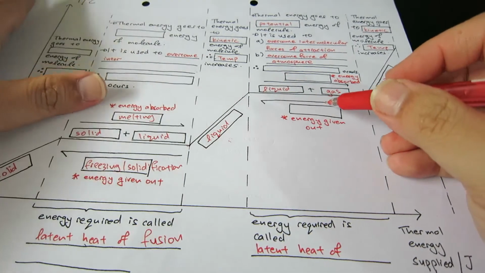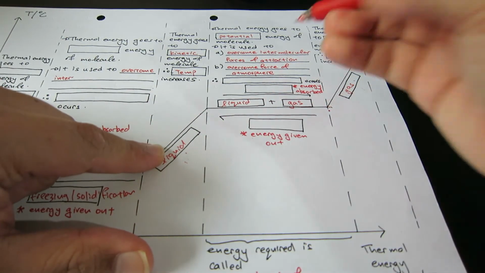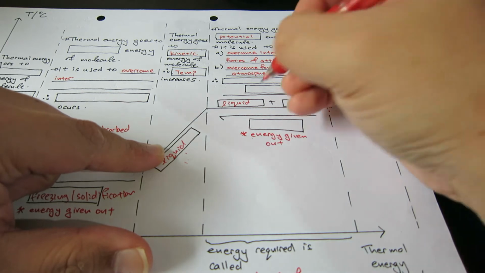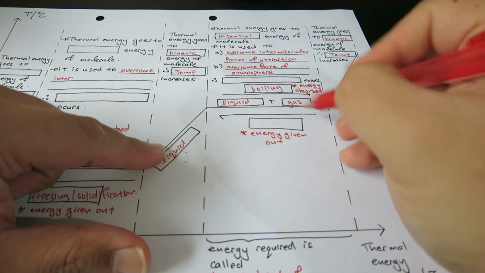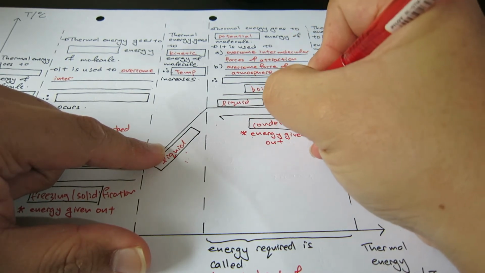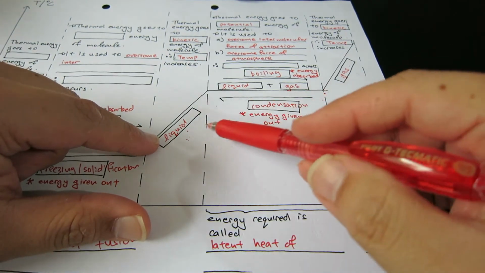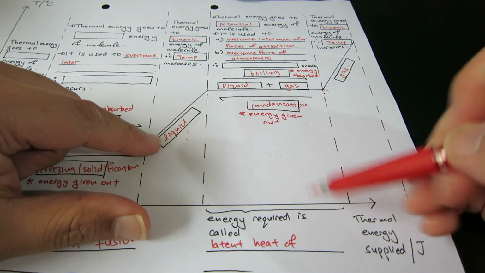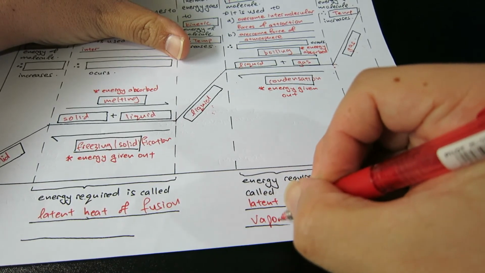The process involving a change in state from liquid to gas is called boiling. And the reverse of that process, from gas to liquid, is called condensation. The energy involved in changing liquid to gas or gas to liquid is called the latent heat of vaporization.